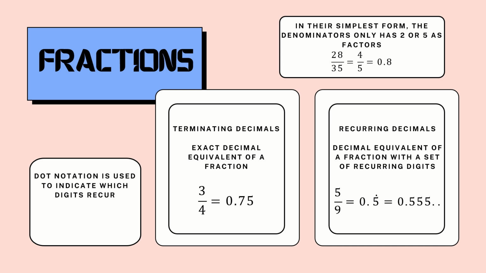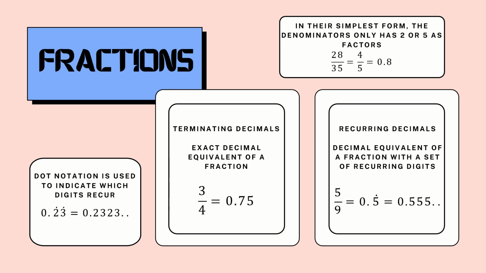Dot notation is used to indicate which digits recur. For example, 0.23 with the dots above the 2 and 3. That means the 2 and 3 digits will get repeated again and again.